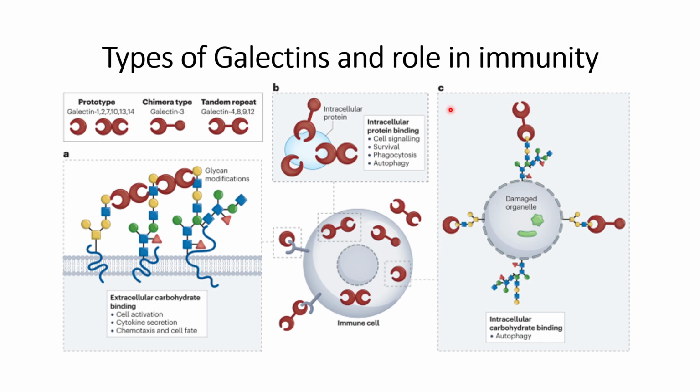The last category is within the intracellular compartment, or the cytosol. Galectin not only directly interacts with the intracellular protein, but it can also interact with the carbohydrate structure of the intracellular proteins. This usually occurs when there are damaged organelles, and the glycoproteins present within the organelles are exposed to the cytosol, where the galectins can interact with the carbohydrate of those proteins and then trigger the signaling pathway, such as autophagy.